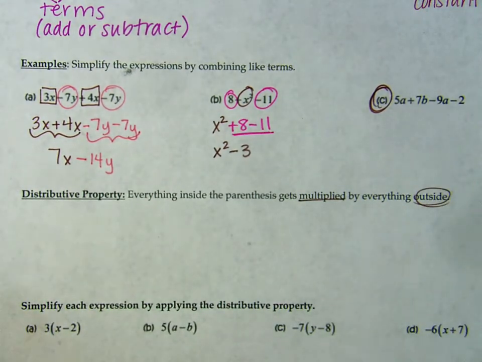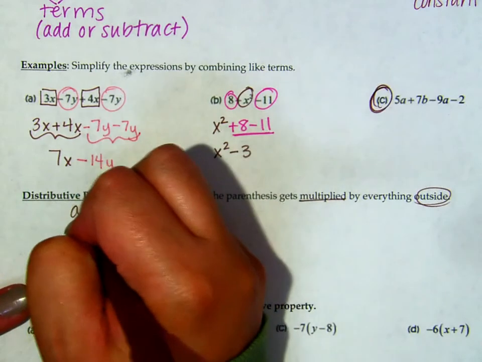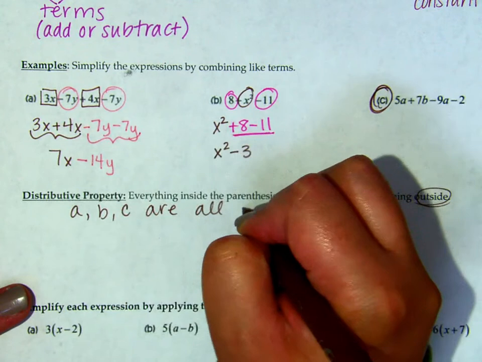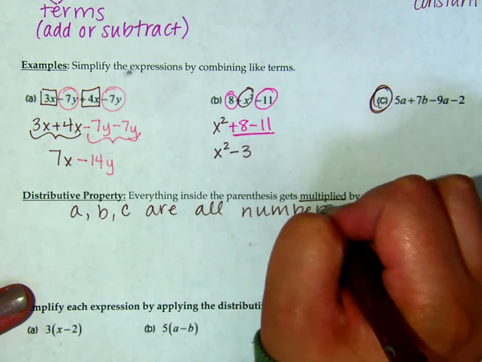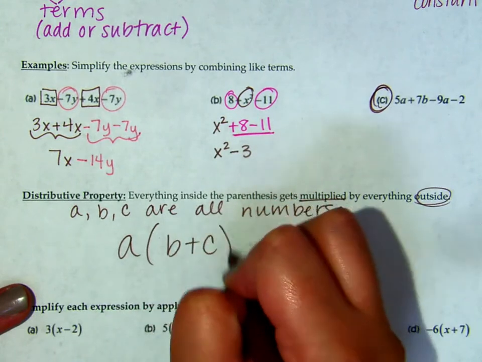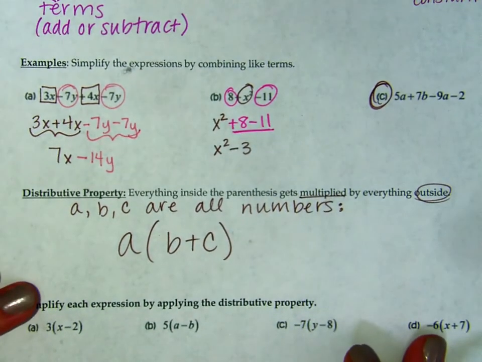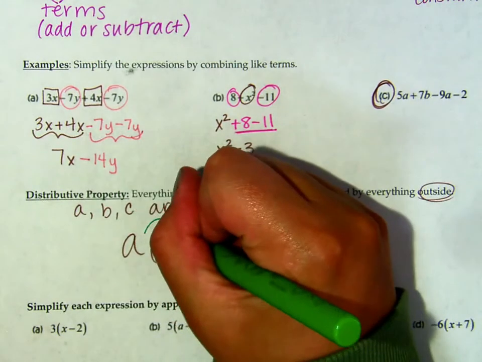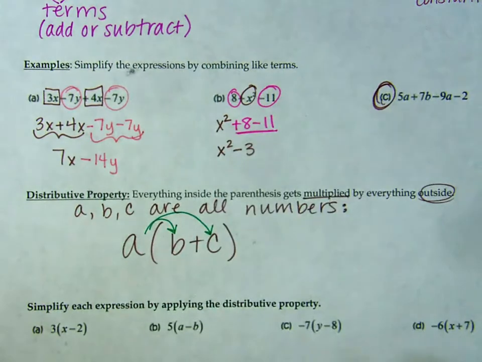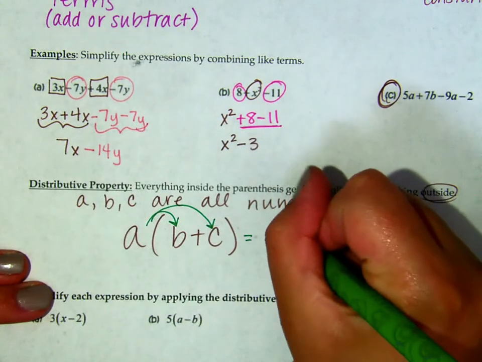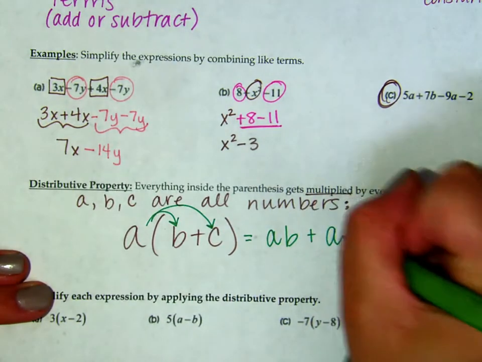So imagine something like this: if A, B, and C are all numbers, then we have A times the quantity B plus C. The distributive property tells me that I can take that A value and multiply everything inside the parentheses by A to get the answer A times B plus A times C.